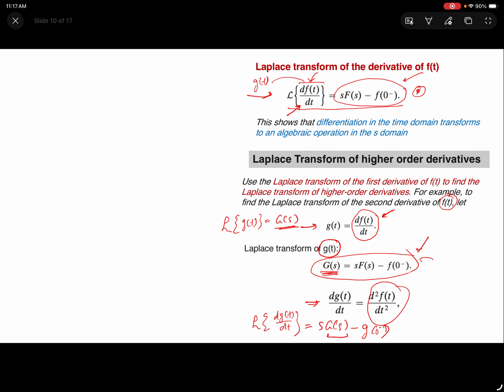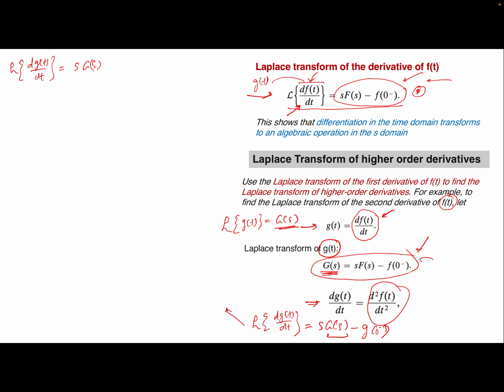Let me do that very quickly. Maybe I can just do it over here. So the Laplace transform of the derivative of g of t with respect to t, again using this equation, is s g of s minus g of 0 negative, and I know g of s is this, s f of s minus f of 0 negative.